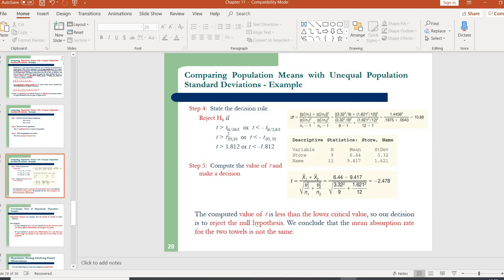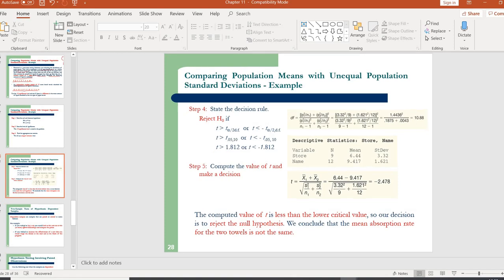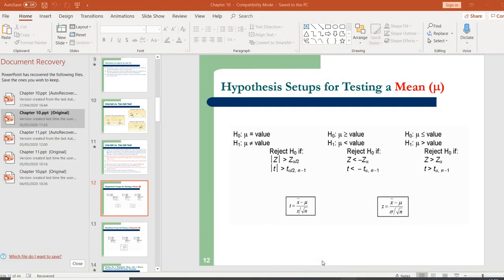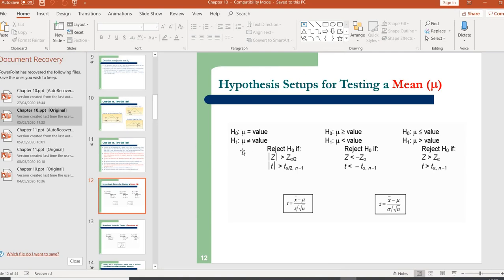So now we are here, and we can state the null hypothesis. In the alternative, we don't have a sign of direction, and we know the decision rule. Because we don't have an inequality sign in the alternative hypothesis, we know that we have a two-tailed test, and to reject the null hypothesis we use this decision rule.